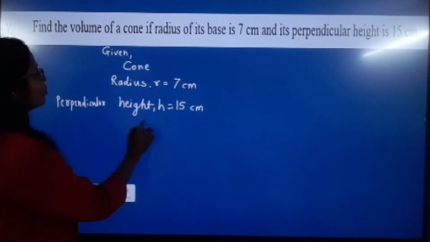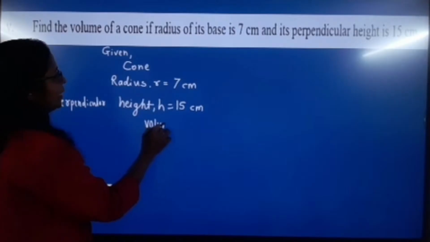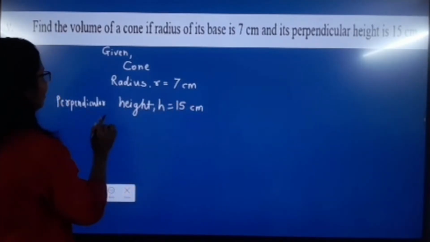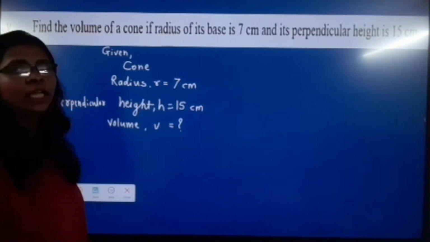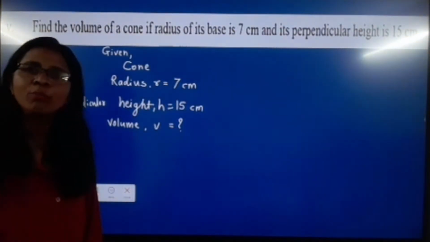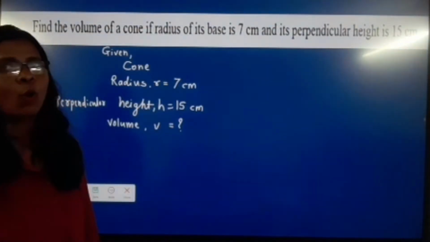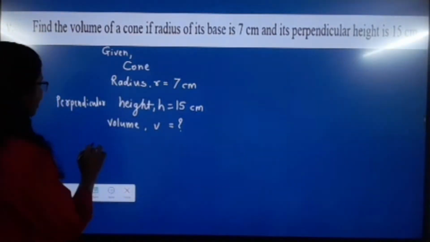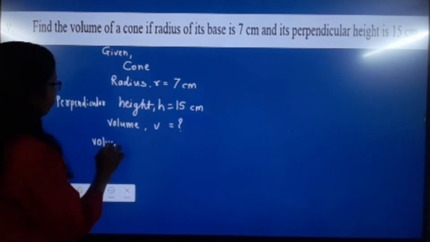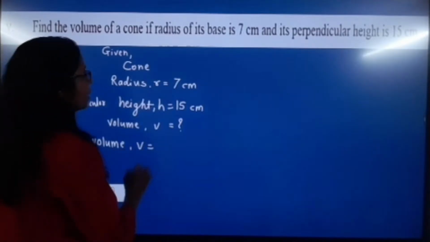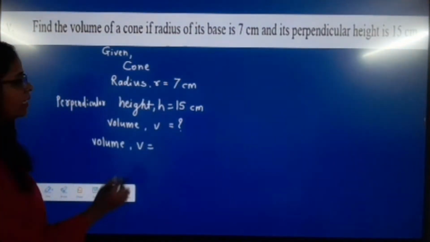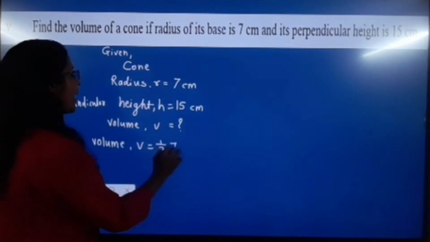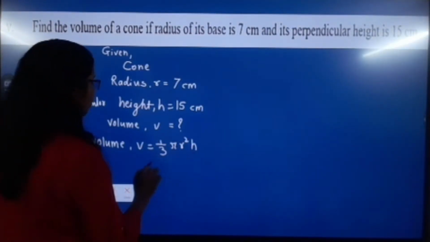Okay students, and we have to calculate the volume, and then we can write here V for volume, V is equal to question mark. Okay, so now here there is a formula for the volume of a cone. Volume V is equal to, students, for the cone, 1 upon 3 pi r square h.